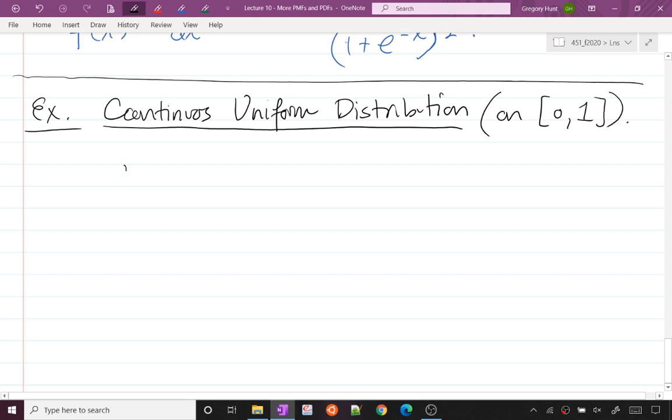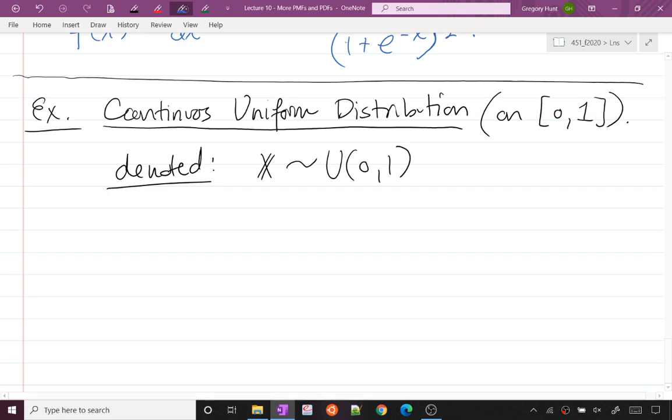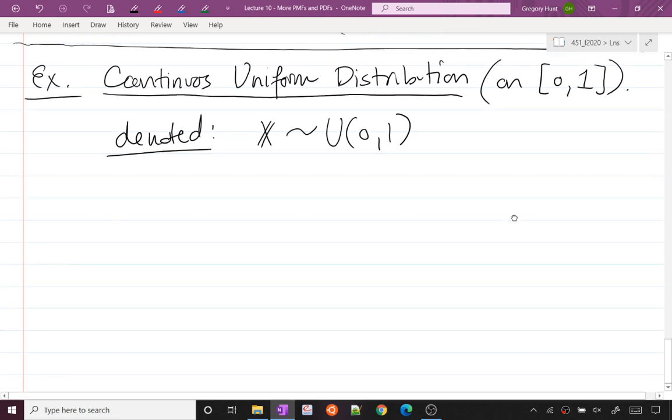Our notation for this is that our random variable X, squiggle, read as "distributed as," U for uniform on the interval 0 to 1. What do we mean when we say a random variable has a continuous uniform distribution?